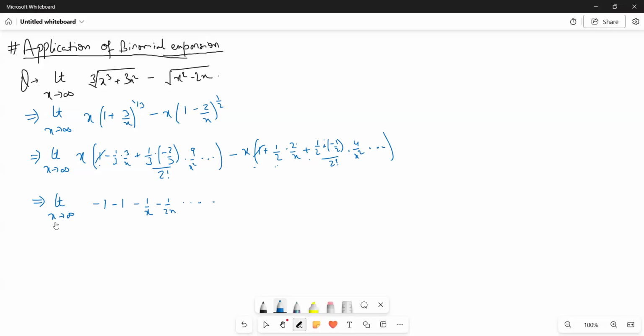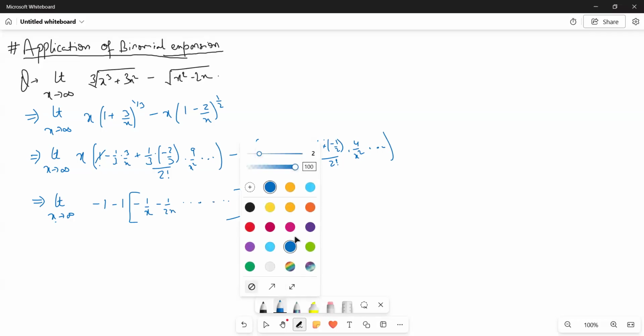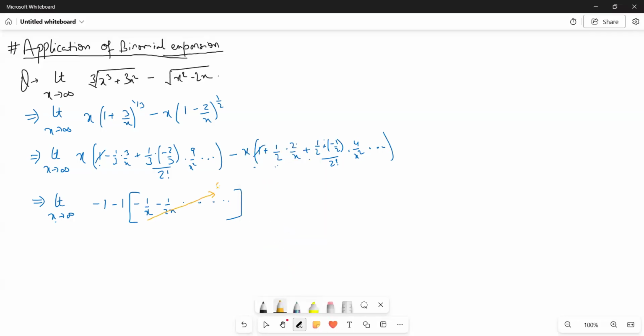Achha, now, but as x tends to infinity, what will happen to terms with x in the denominator? Zero. This whole thing will tend to 0. Because the first set of terms over here has a x in the denominator, next में x square होगा, फिर x cube होगा, x power 4 होगा, सब denominator में होगा. And as x tends to infinity, all of those will tend to 0.